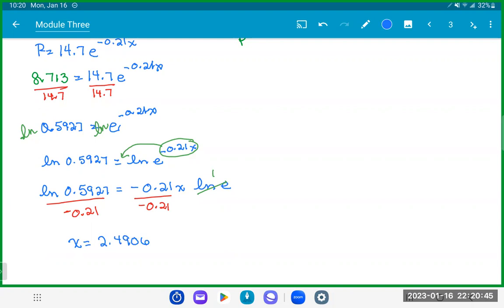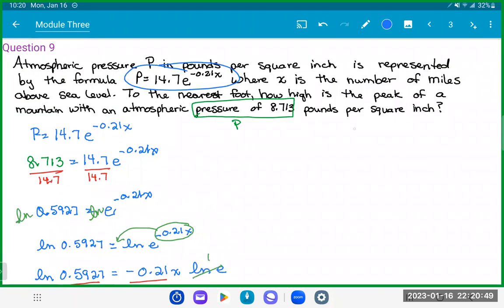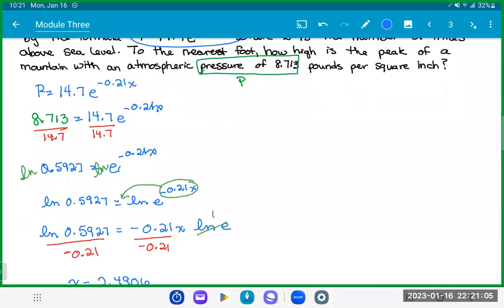We're not done there, because we still have to convert this into feet, since we're looking for the pounds per square inch. We know there are 5,280 feet in 1 mile.